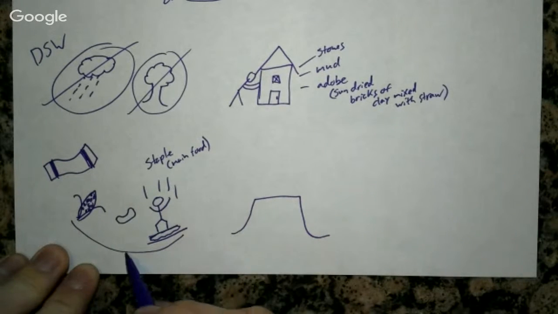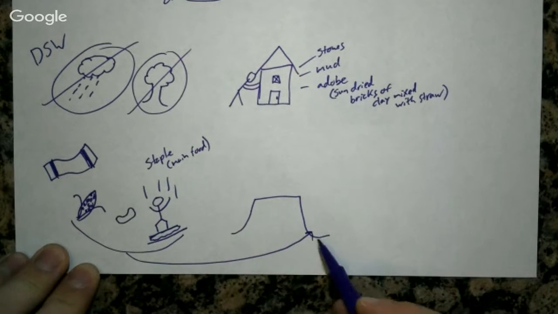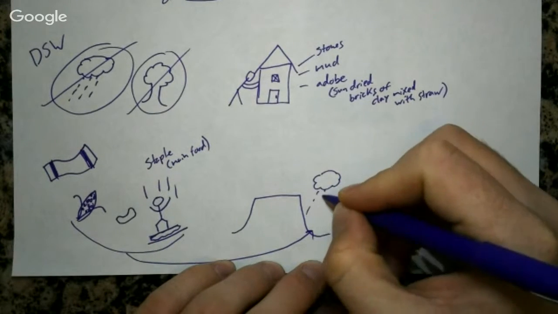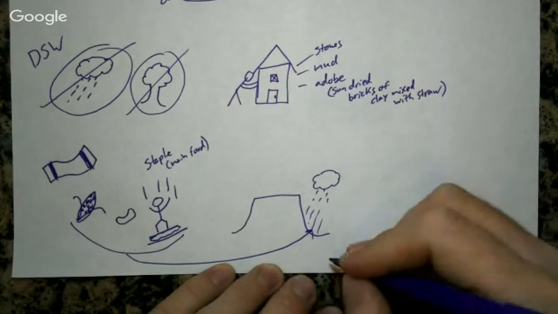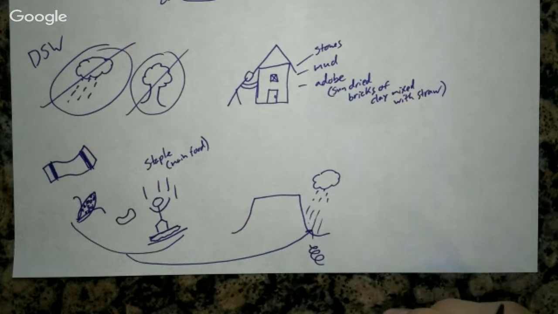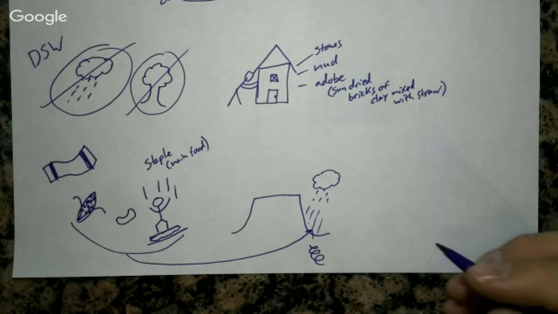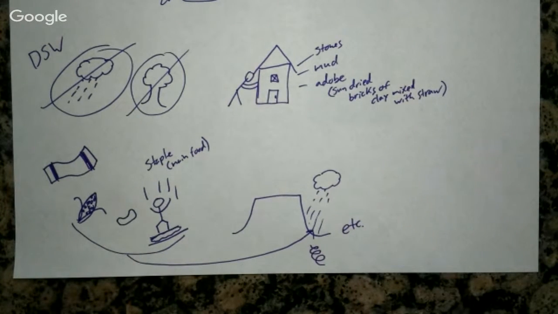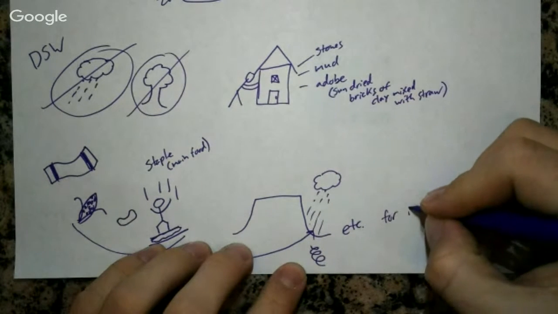So these things here were grown on the bottoms of mesas because they could catch the rain. They used underground springs, so I'm just drawing a spring. And then, you know what? They just used other things, canals, things like that, so etc. for irrigation.